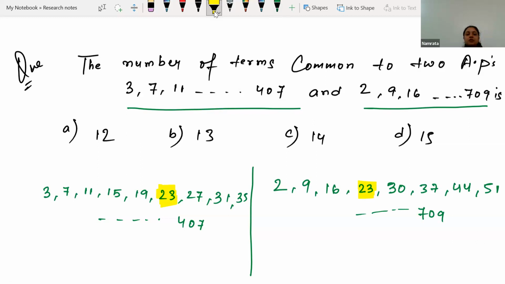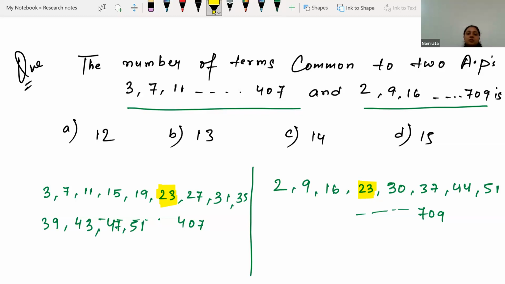If you go ahead in the first sequence, you will see a lot of different numbers which will be common. Those common terms only we have to find, how many terms are common. If we go ahead, it will be 39, 43, 47, 51.